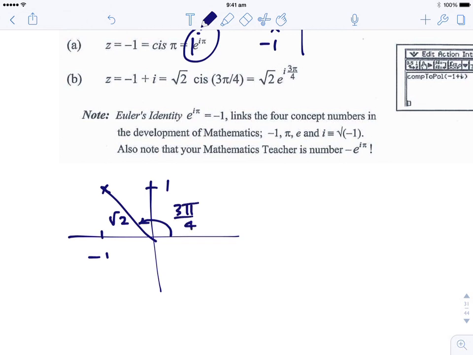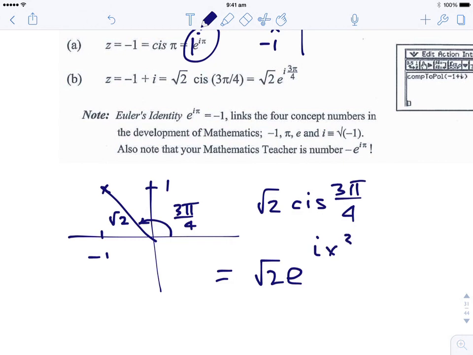So this number is just √2 cis 3 pi over 4, which when we write it in this new form, we have the modulus at the front, and we just have i times the argument. That's how we write it in exponential form.